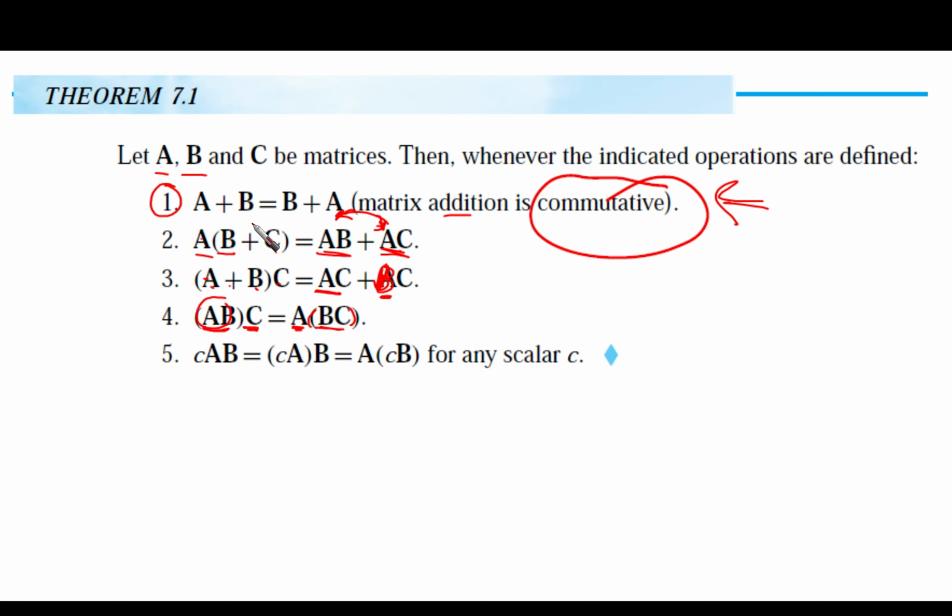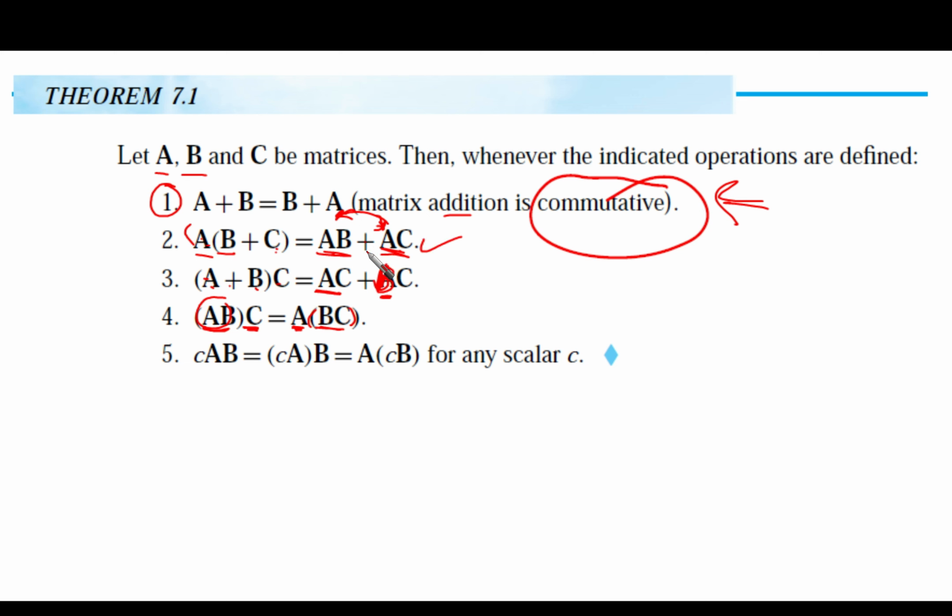In the addition, it is okay for us. We understand that everything is going to be added because it's commutative. So if we have B and C, they can be added together and multiplied by A. This would give the same answer as A multiplied by B added to A multiplied by C.